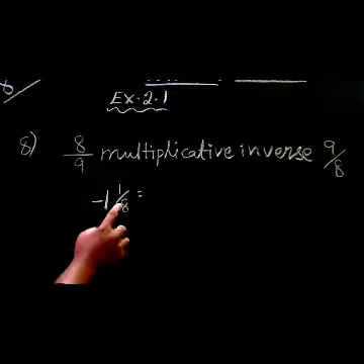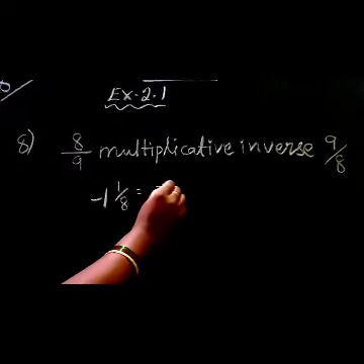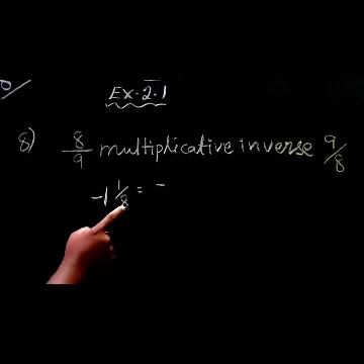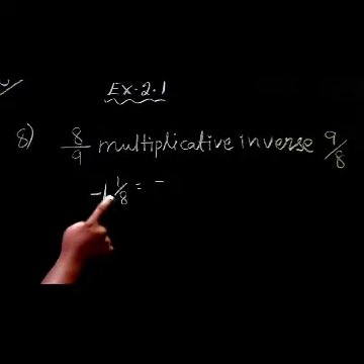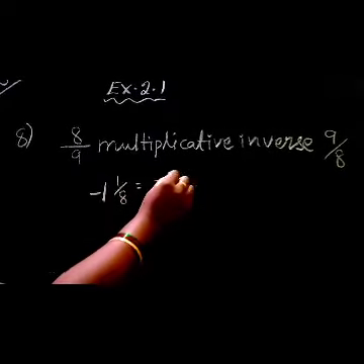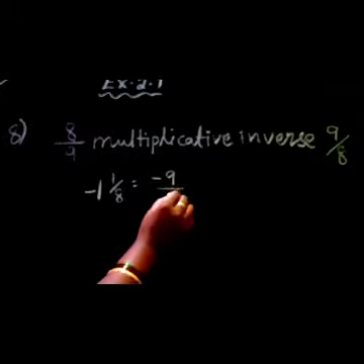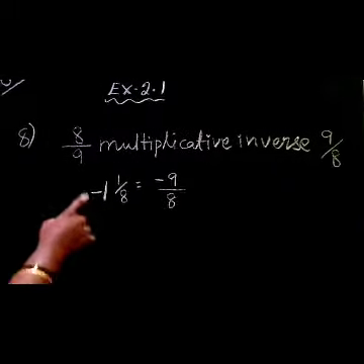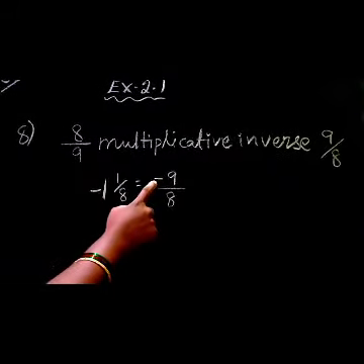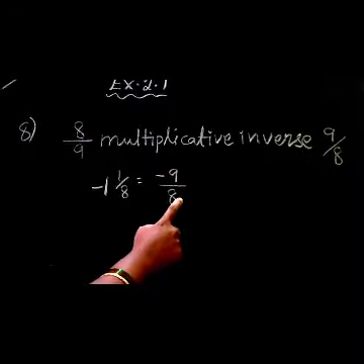Minus 1 by 8 will simplify now. Minus, we have to write it minus. 1 into 8, 8. 8 plus 1 is 9. This denominator we should write as it is. So, if we simplify this answer, we are getting minus 9 by 8.